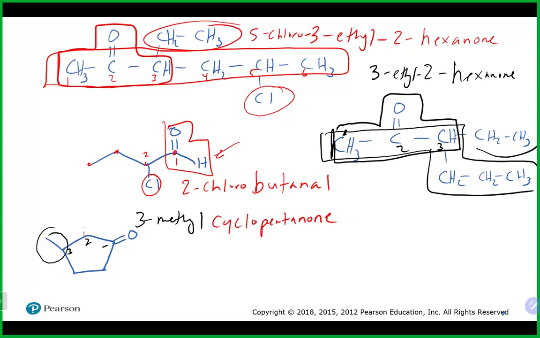All right, let's draw some. See how we do on this. Let's do, I don't know, let's do 3-propyl 2-heptanone.